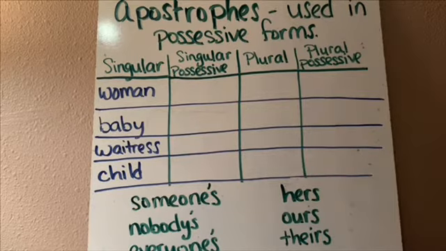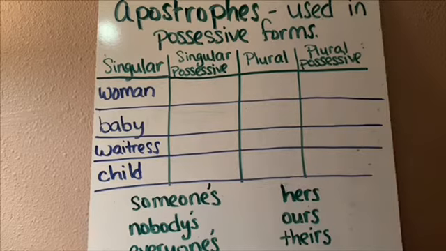We have already talked about how we use apostrophes in our possessive forms of words. So we use apostrophes to show possession. I honestly do not remember if we have talked about this recently or if that was my fourth graders. So I'm just going to go over it with you again. That way it will be fresh in your mind, okay?